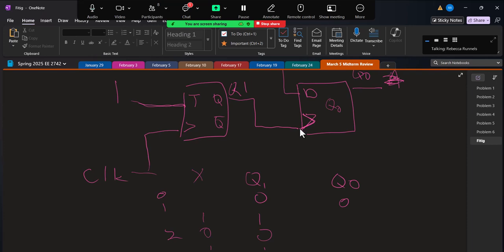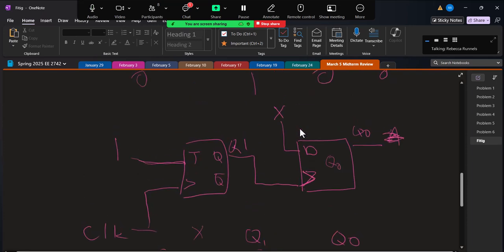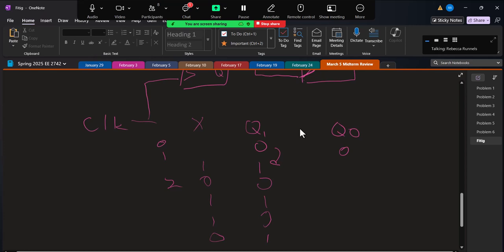So this was step 0. Step 1, the clock went from 0 to 1. So it's going to do its D flip-flop thing, which is to become whatever your input is. Its input is X, and X here is 1.